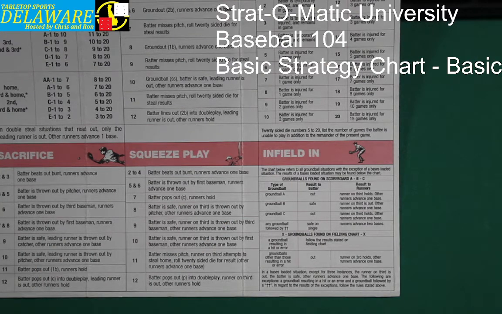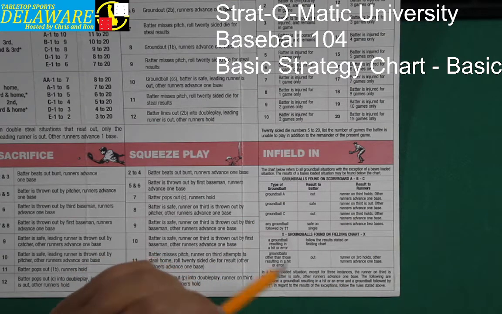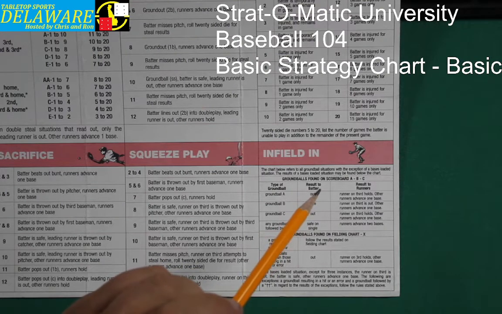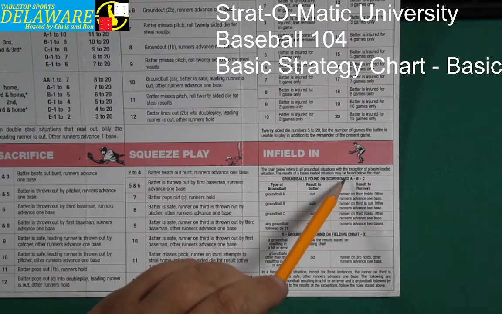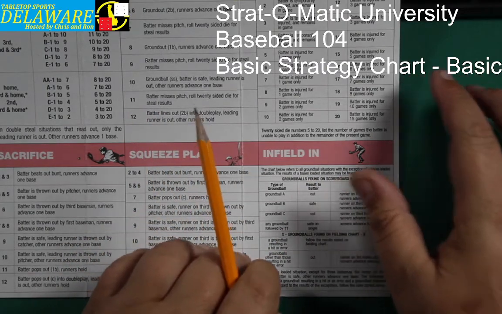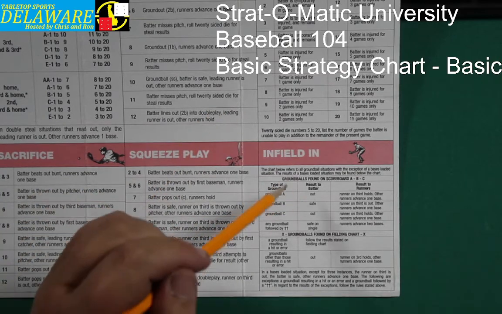The results of a bases loaded situation may be found below the chart, down here. So any ground ball found on the scoreboard, A, B, or C, which would be a ground ball A, ground ball B, ground ball C. You're going to look here.